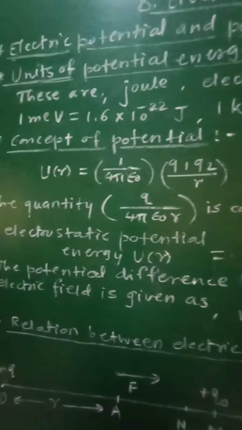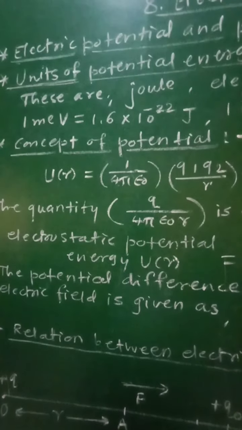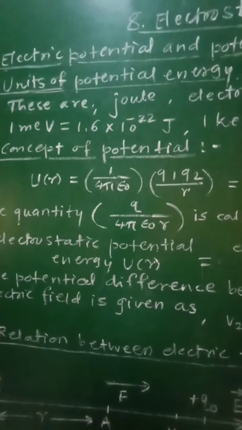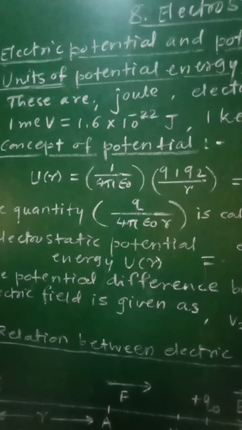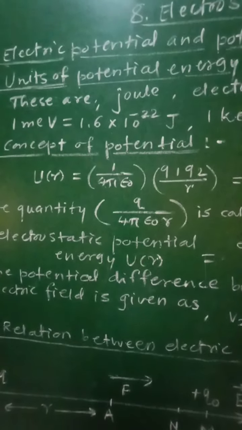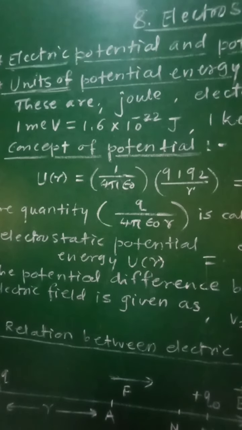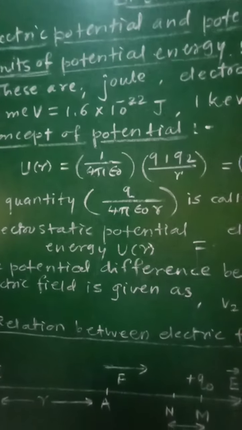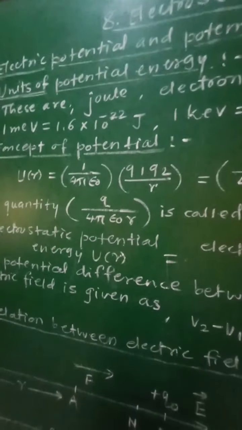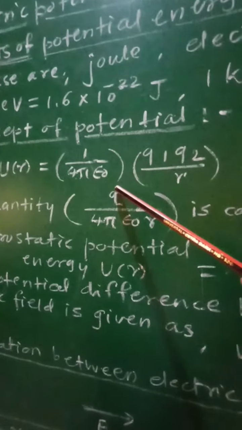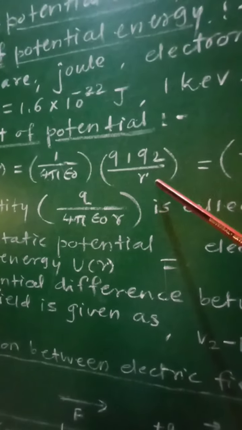Now let us see in short the concept of potential. If two charges or two particles are separated by a distance r, then the potential energy of the two particle system, U(r), is given by the formula U(r) equals 1 upon 4 pi epsilon 0 times q1 q2 upon r.